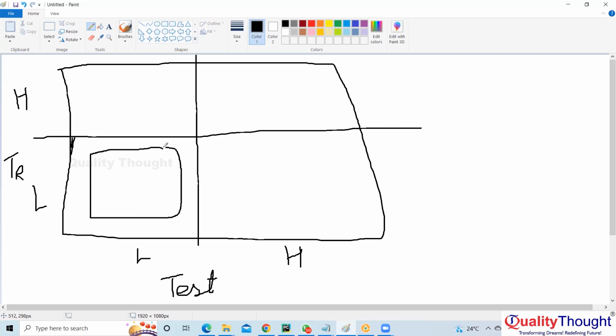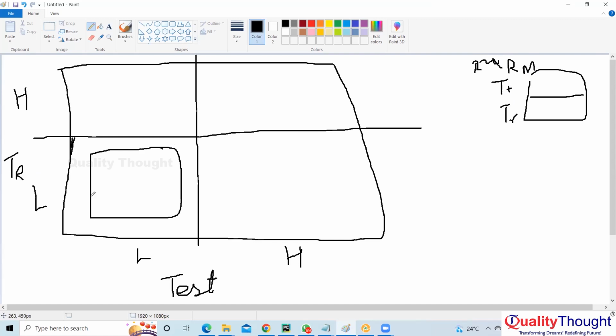Whenever you are doing analysis, you have to find R square and RMSE for both test and train, and you need to compare them.